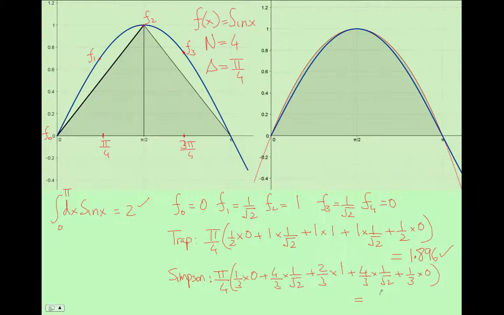Working this out, we get something that's much closer, 2.005. So that can be compared against this, and clearly Simpson's rule is much more accurate than the trapezoidal rule. But of course, there are things that are better than Simpson's rule as well, which we haven't discussed.